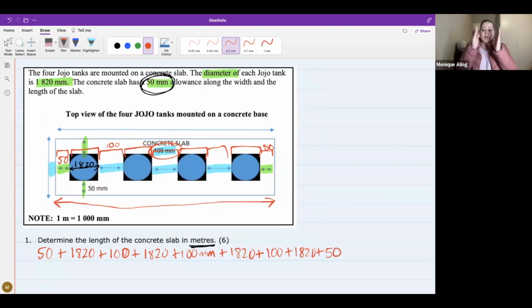Okay, so you're just adding up all those measurements together to get the full length of this slab, because they never gave us the length. We can use these measurements because they're all next to each other, add them all up to get our full length.